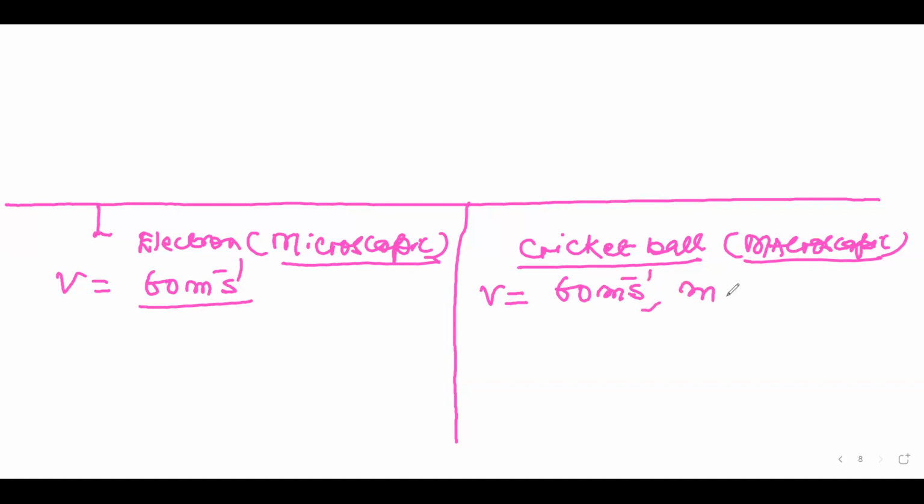The mass of the cricket ball, I assume it to be suppose 100 grams, that makes it 0.1 kg. And mass of electron we all know is 9.1 into 10 raised to power.